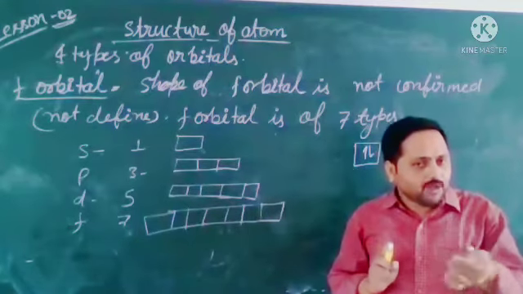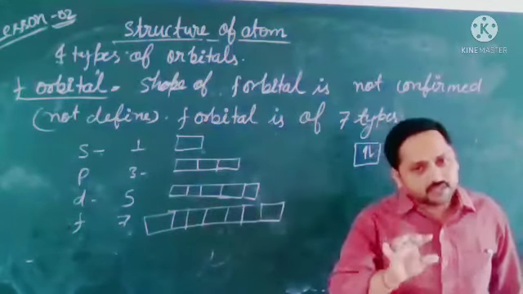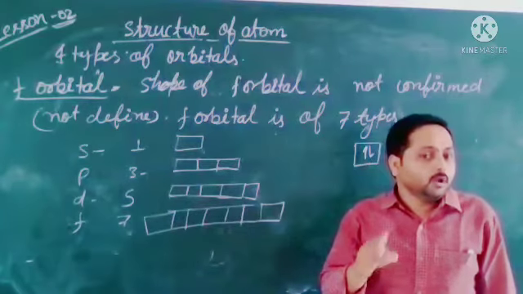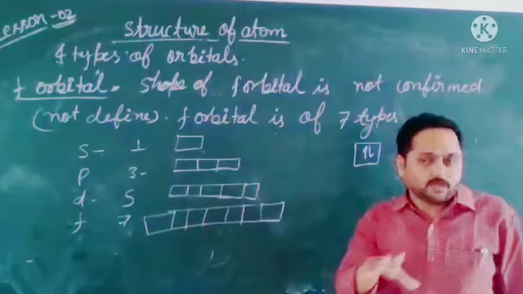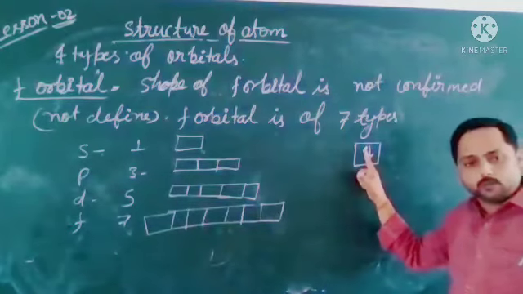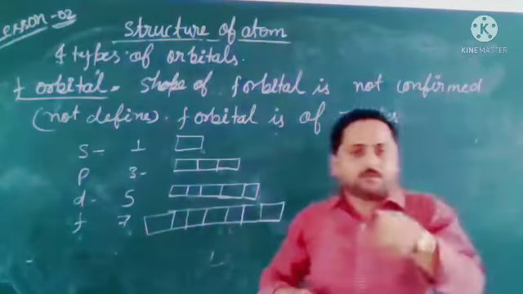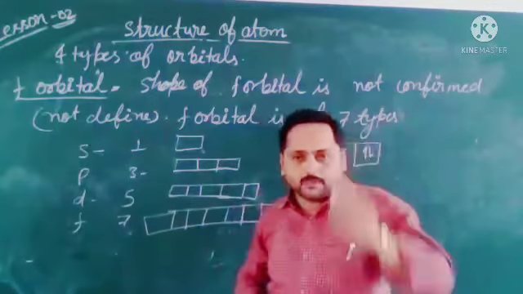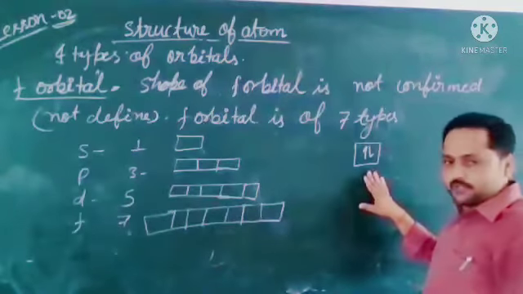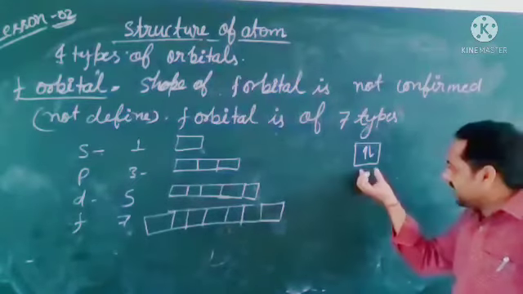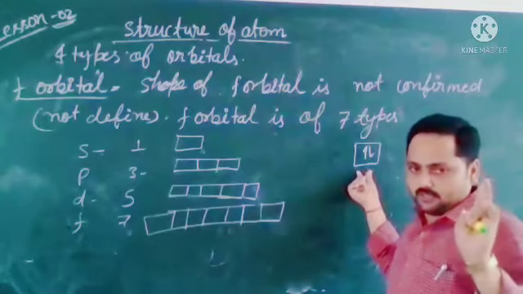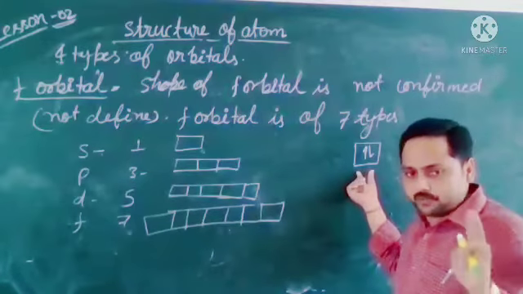So here, any problem about this one? Just listen here. Each orbital can contain 2 electrons of opposite spin. Upside here showing clockwise rotation, and downside anti-clockwise. So according to this, each orbital contains maximum 2 electrons.